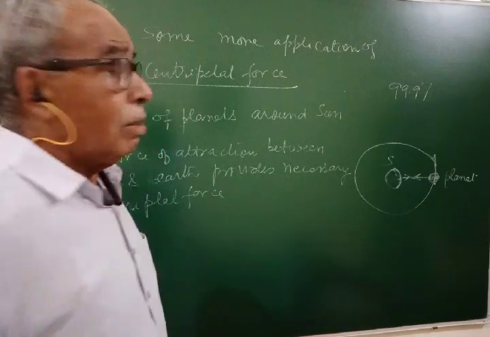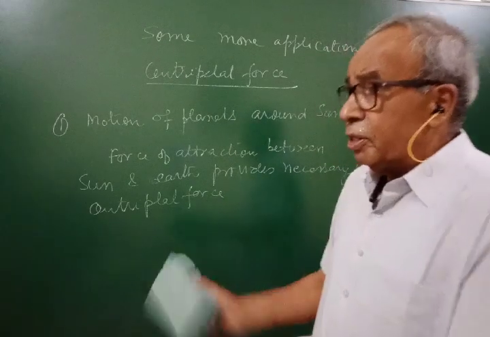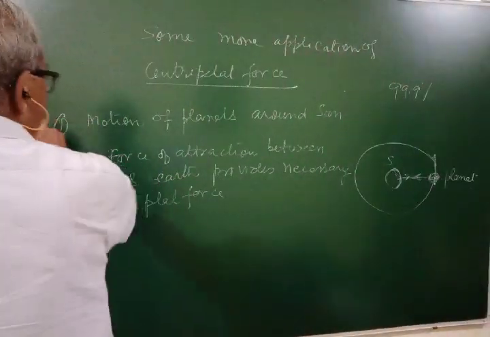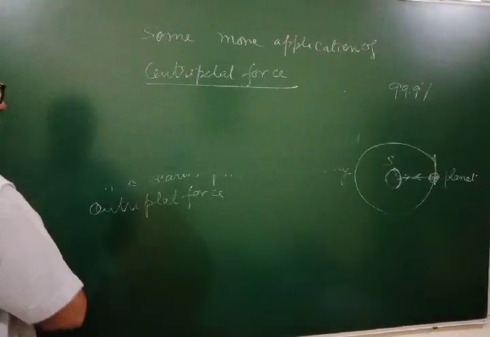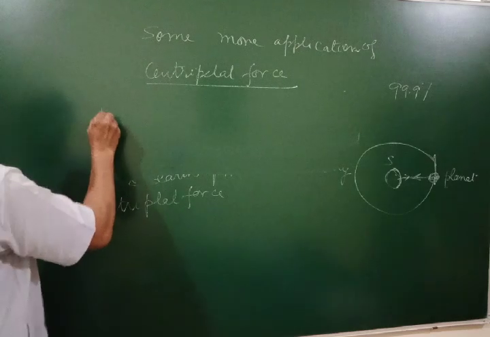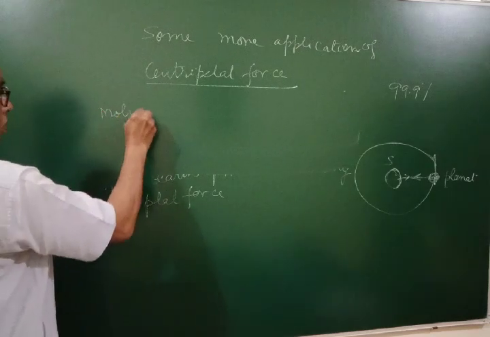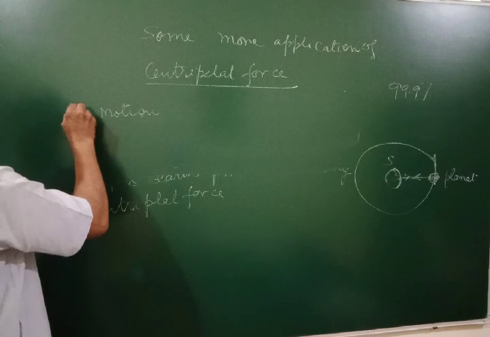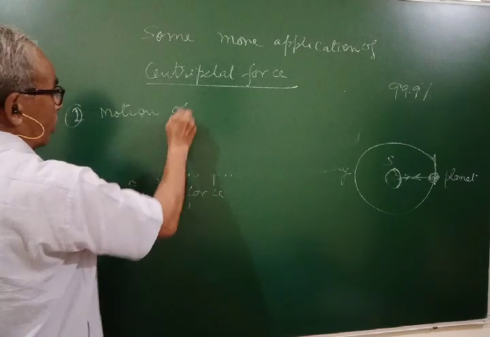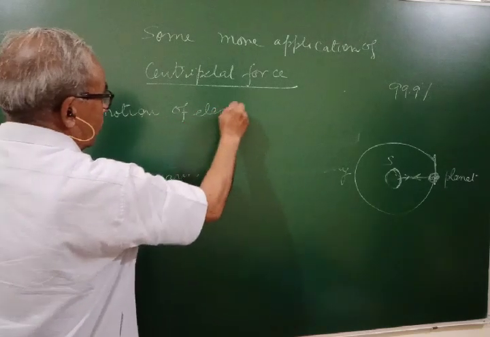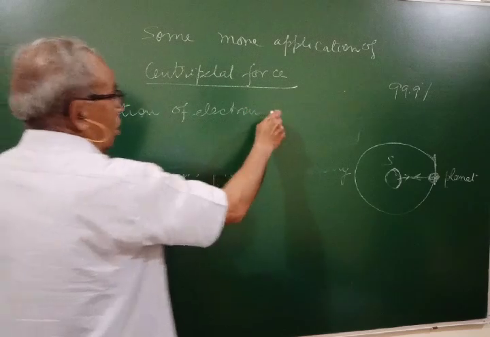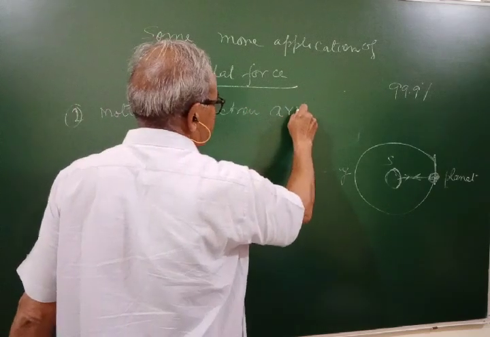Second, in atomic theory, Bohr theory, you have learned that electrons revolve around the nucleus.